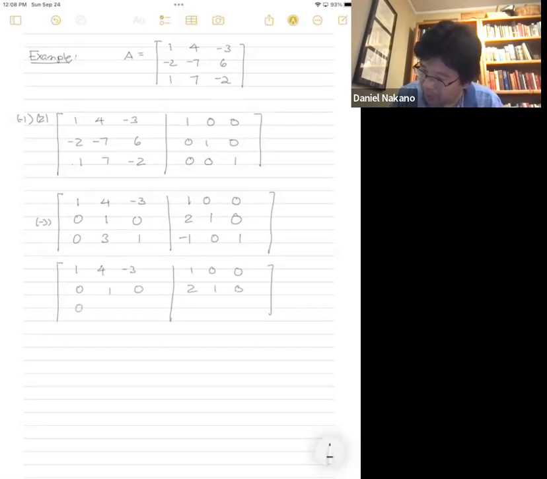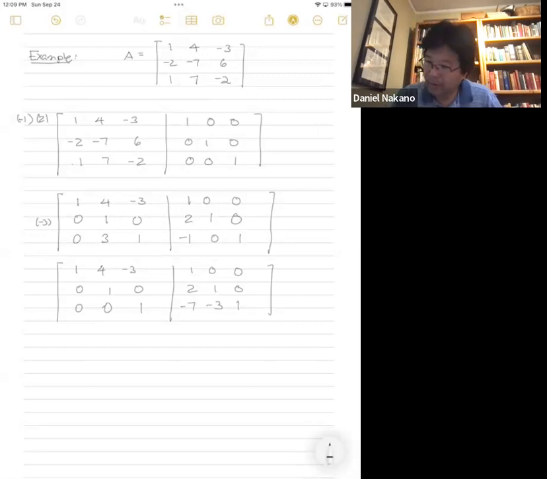And then I get 0, 0, 1. That's good news. And then -6 plus -1 is -7. And we get a -3 here. And then we get a 1. Okay. So the nice thing is we have 1s down the diagonal, so we're probably not going to have to divide at the end.